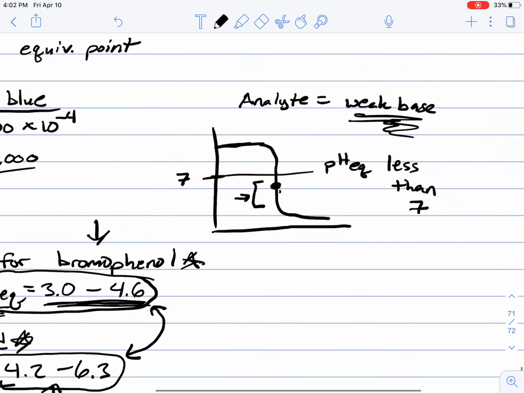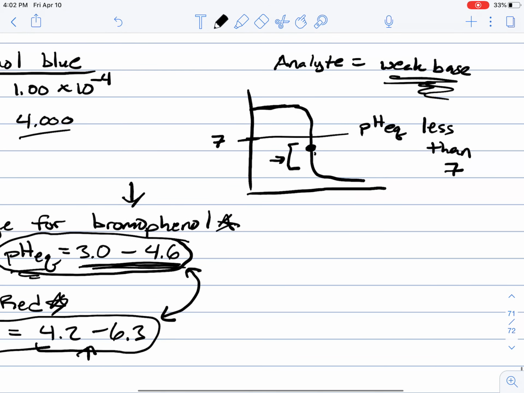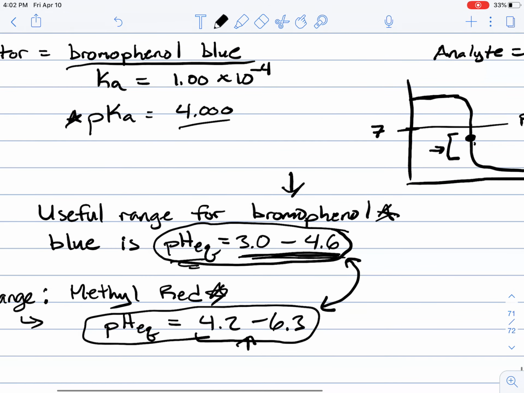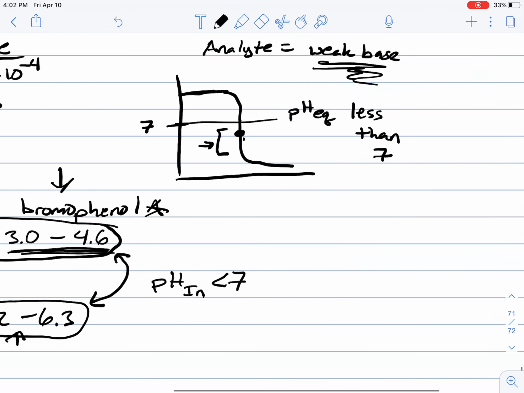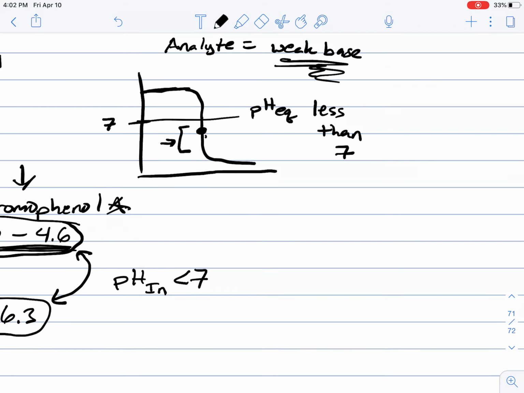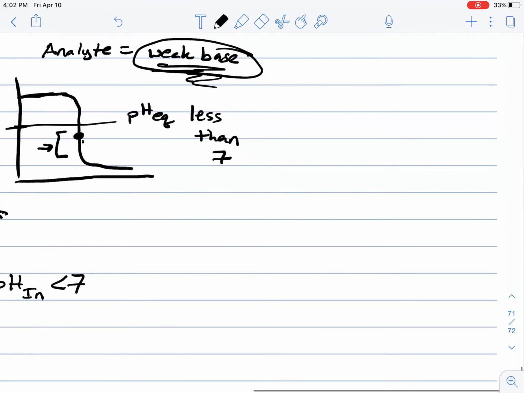explain the previous point, if we're using bromophenol blue or methyl red, if you look at their pH range, the pH of the indicator is less than 7. And so we typically use them for analytes that are weak bases. And why? I'll go ahead and write down the reaction real quick.